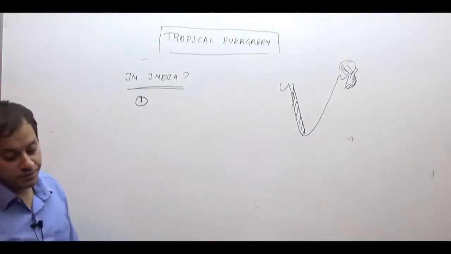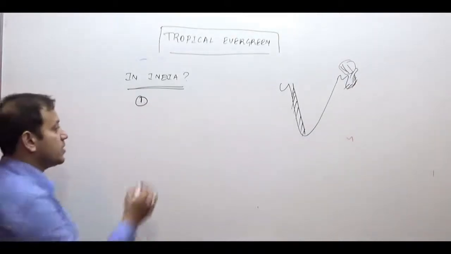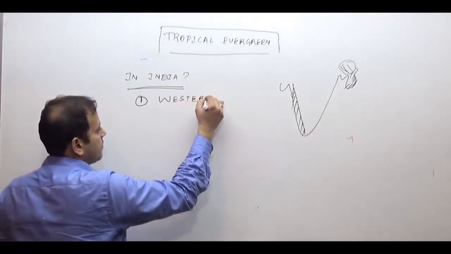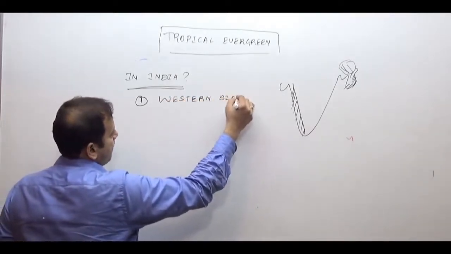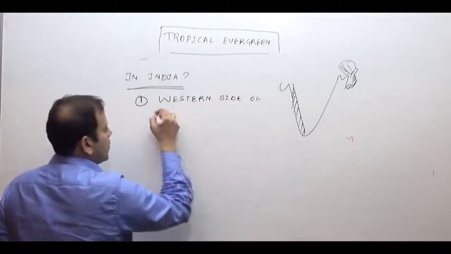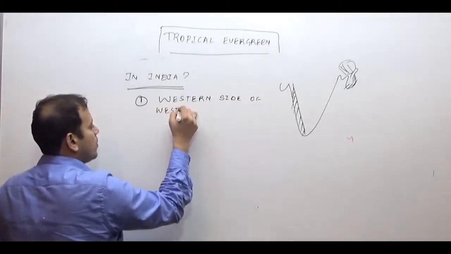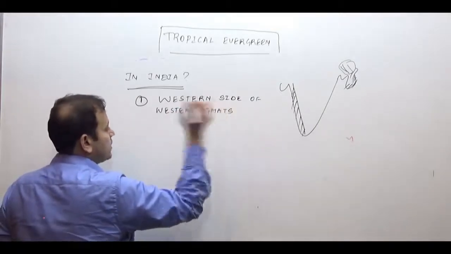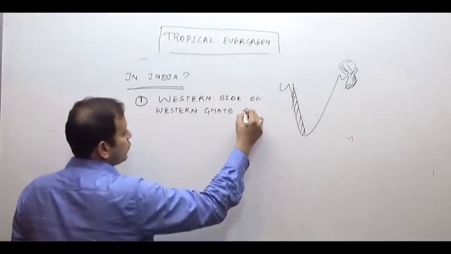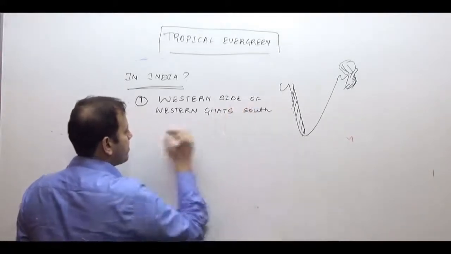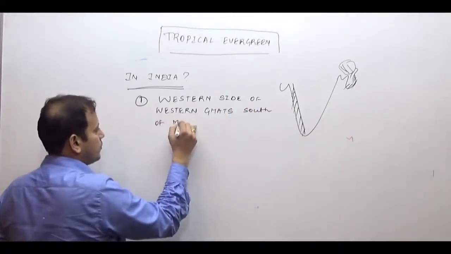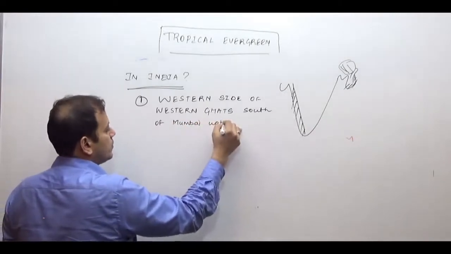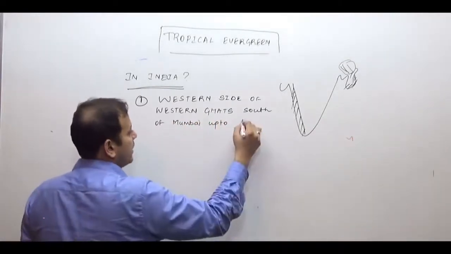So this is found on the western side of the Western Ghats, south of Mumbai, up to the tip of India, that is, the entire state of Kerala.